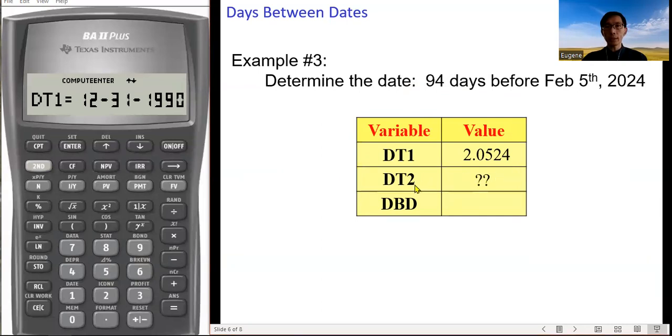And then we need to get the second date, 94 days before February the 5th, 2024. So we need to count the number of days backward in time. So the value of DBD is negative 94.